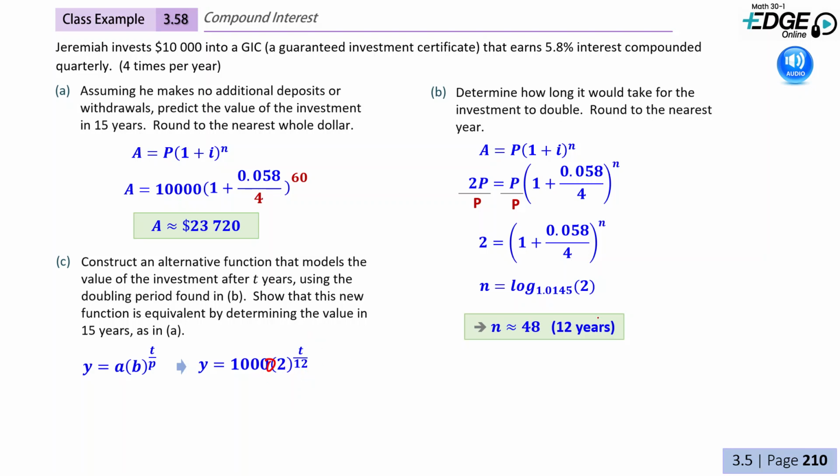Well, that was what we found in the last part. It was approximately 12 years to double, right? And that, our p value, is the amount of time for our multiplier to happen, for that 2 to actually double.